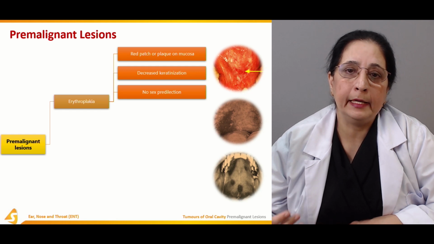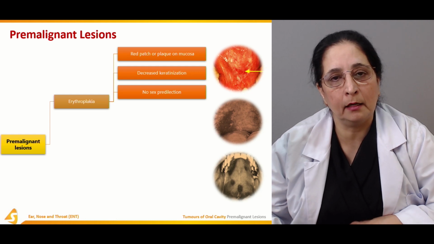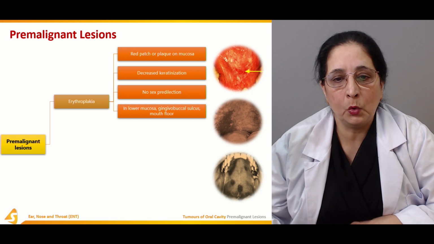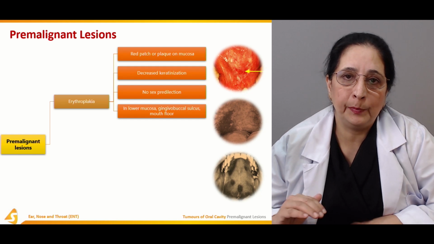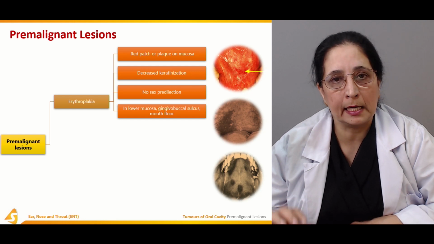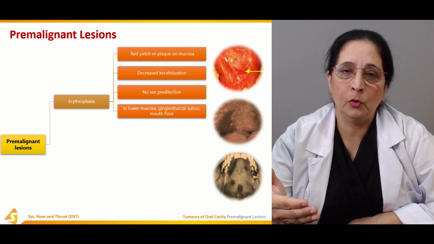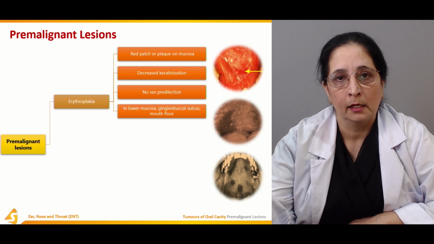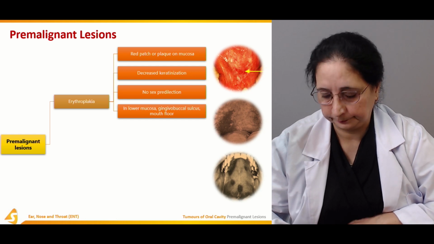In leukoplakia, we saw it's more common in males, but erythroplakia is the same in males and females. It is more common in the gingivo-buccal sulcus and the mouth floor, whereas leukoplakia, we said, was more in the tongue and other portions, but not on the floor of the mouth.